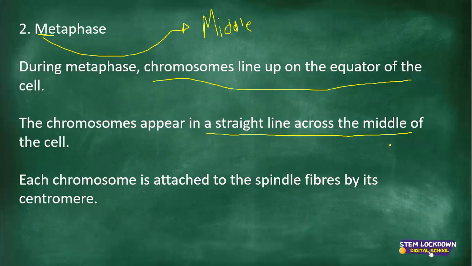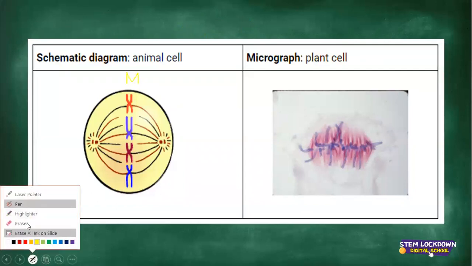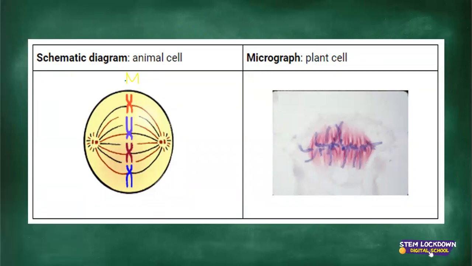When you hear metaphase, middle, the chromosomes are appearing on a straight line in the middle of a cell. There, you see? They are all in the middle of the cell. That M for metaphase stands for middle. That's my trick. That's how I used to remember my work when I was still in grade 12 studying life sciences. And that helped a lot.